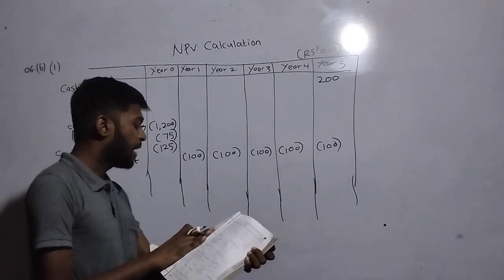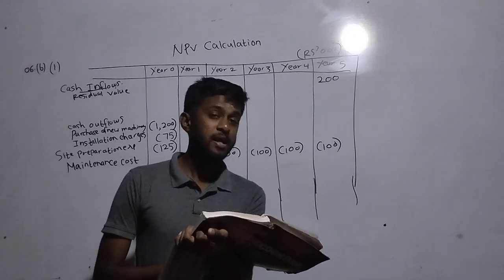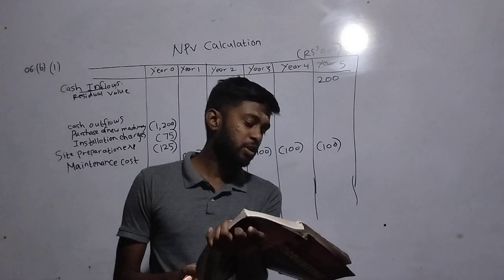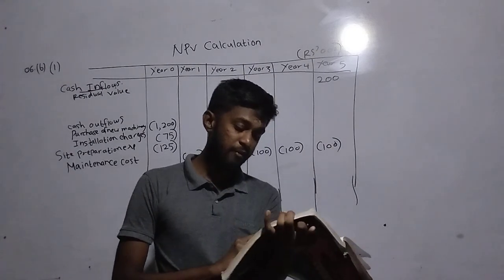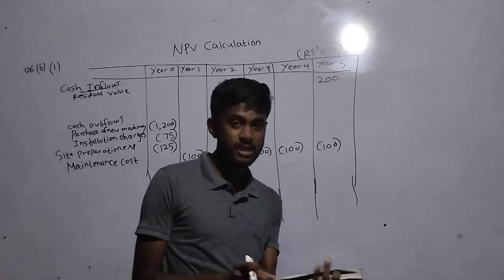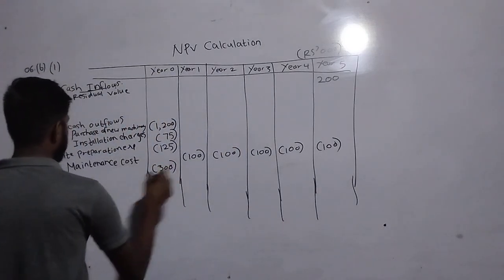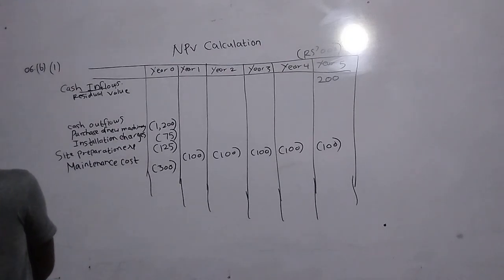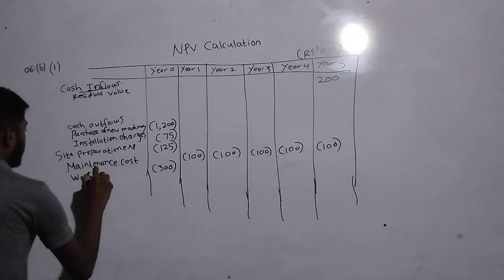Then the additional working capital requirement of the new machine is 300, which will be recovered at the end of the project. Therefore, you are incurring that in year 0 as well. So here you deduct 300, that is working capital.